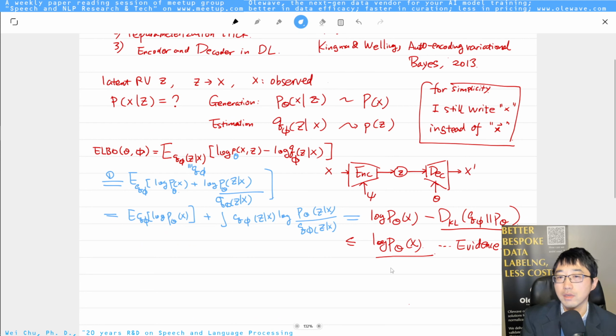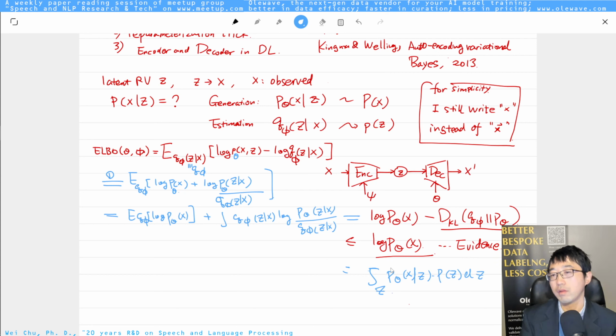This one would be equal to the integral of p theta of x given z times p of z. Am I right? So it is an integral over all the distribution of z, and getting all the z's is difficult. So this is always very, very difficult to compute.